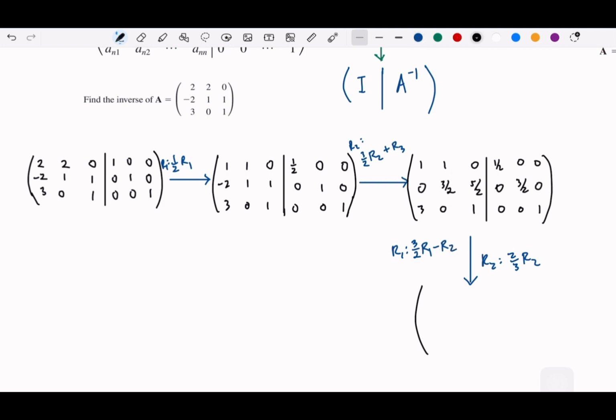So we have 3 over 2, 0, 0. 3 over 2 is 3 over 4, 0, 0.